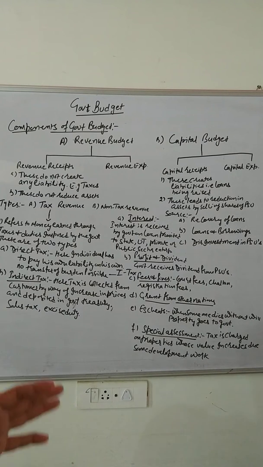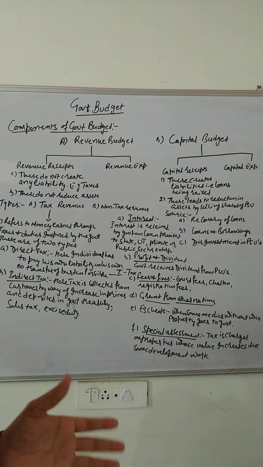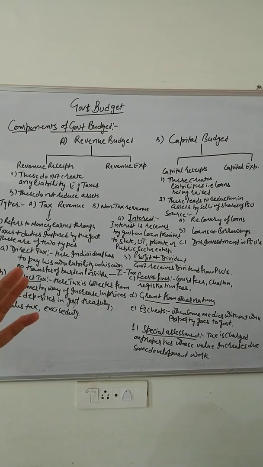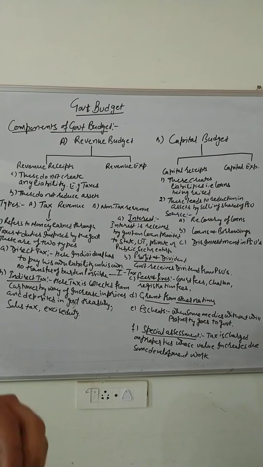In direct tax, the liability lies on the individual on whom the tax has been imposed. जिससे आपको टैक्स लेना है उसी की liability है, and they have to pay the tax. This burden can't be transferred over to anyone else.